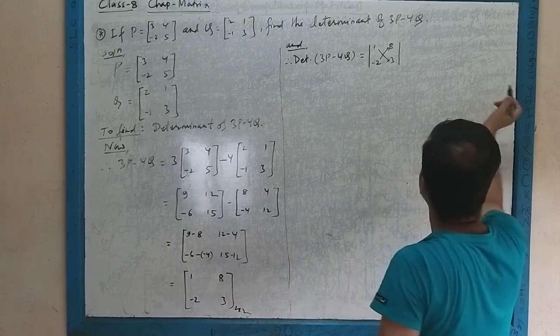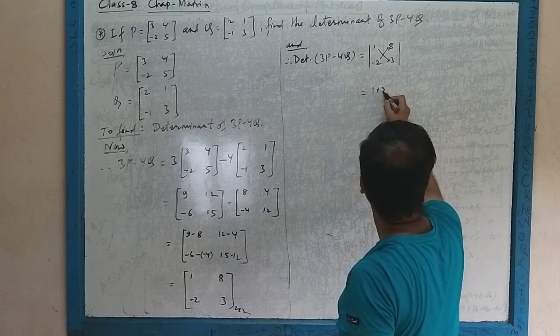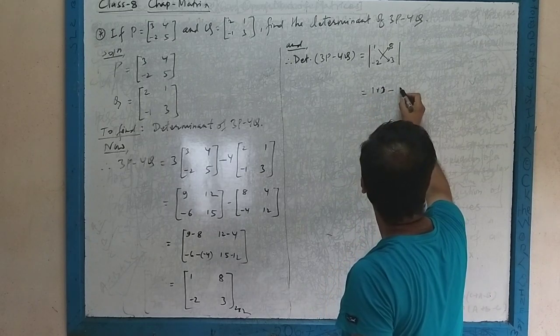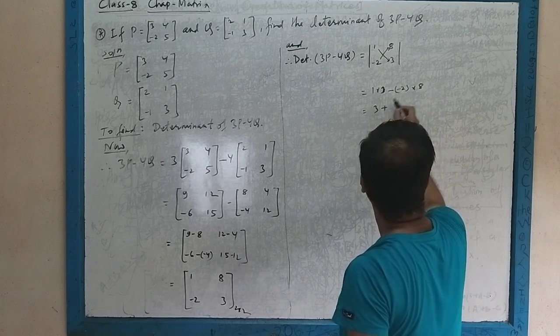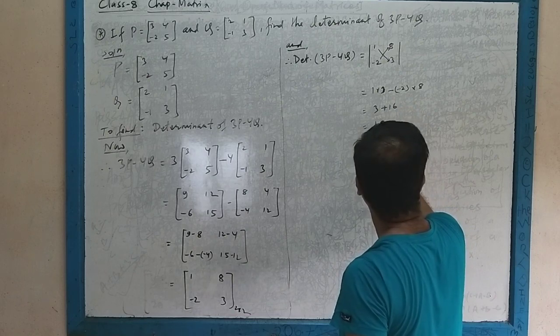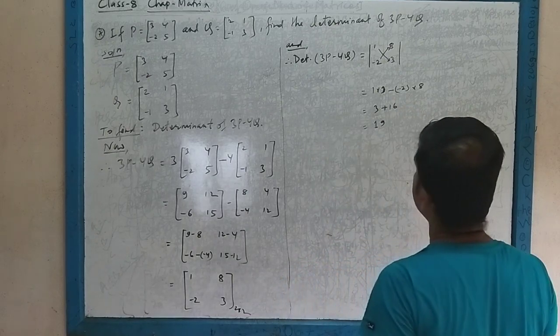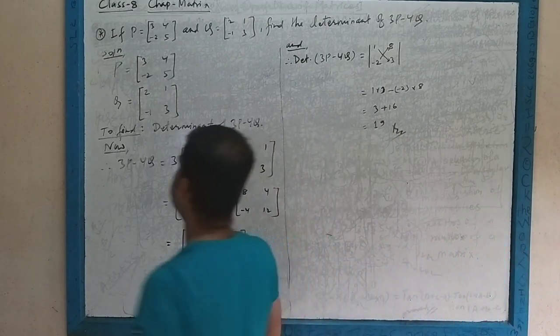So you can find the determinant here, or otherwise let's multiply. 1 into 3 minus minus 2 into 8. 3 plus 16 equals 19. 19 is our answer.